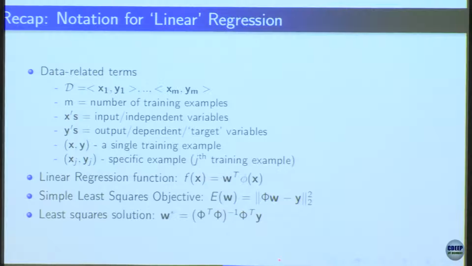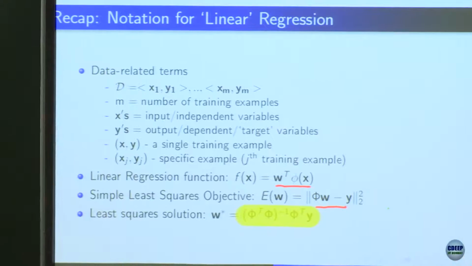So in summary, this is what we have dealt with so far. We have dealt with the simple least squares objective for this linear function, and in the last class, through two different routes: one is through geometric intuition, geometric reasoning, and the other is via gradients, right?